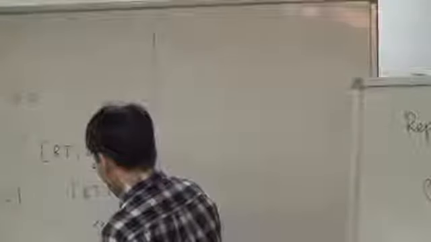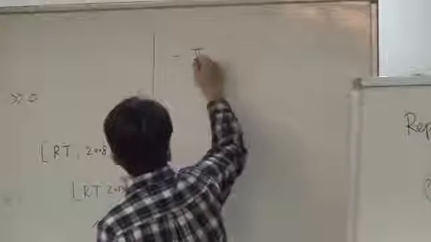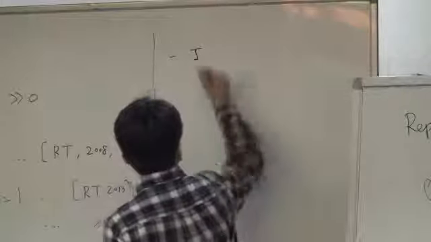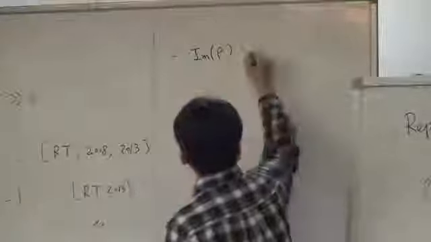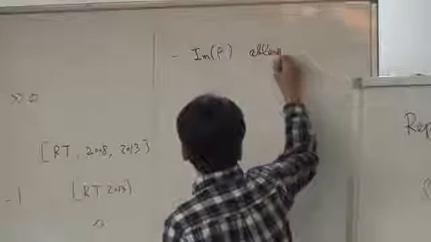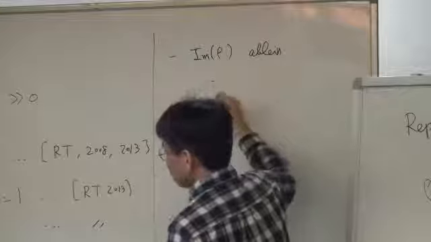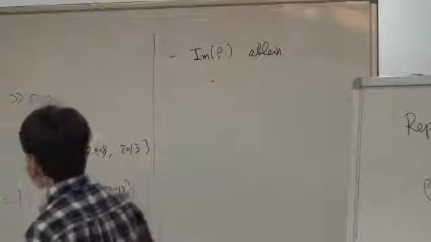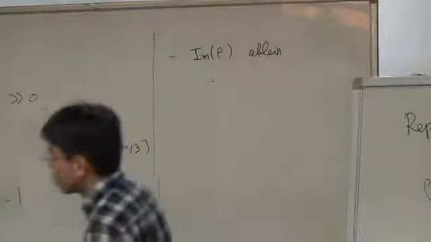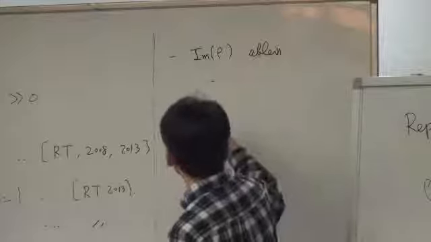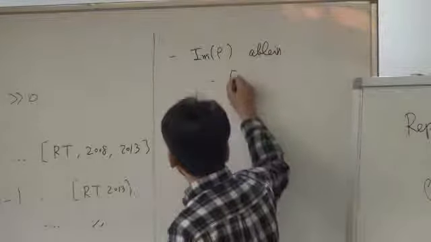Also, if the image of the Galois representation is abelian, if you limit to those A for which the associated l-adic representation is abelian, then this is true by Ozeki.